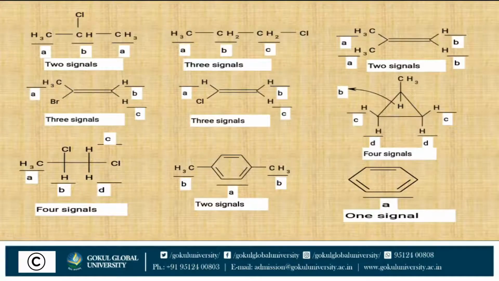In the other example, 1-chloropropane gives three signals. These three signals come from the methyl group, a CH2 group and another CH2 group. All three have different signals because all have different environments.